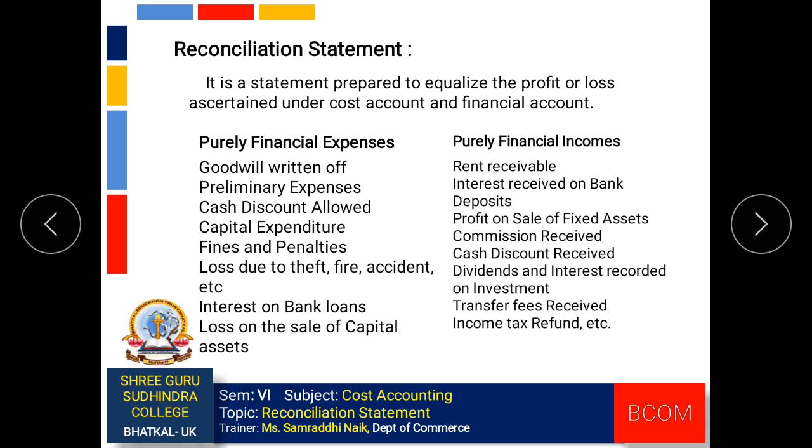Reconciliation statement is a statement prepared to equalize the profit or loss ascertained under cost account and financial account. Some business concerns maintain cost and financial accounts separately.